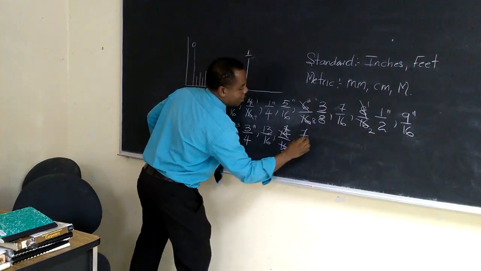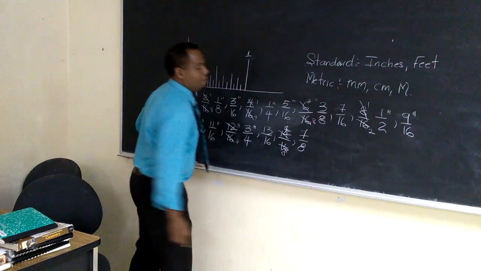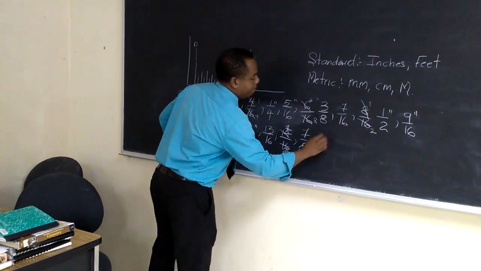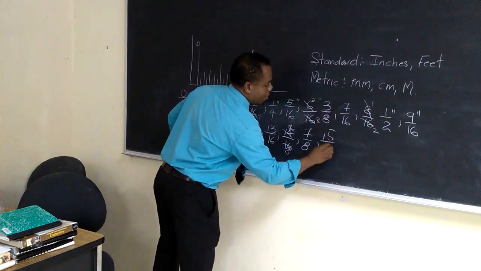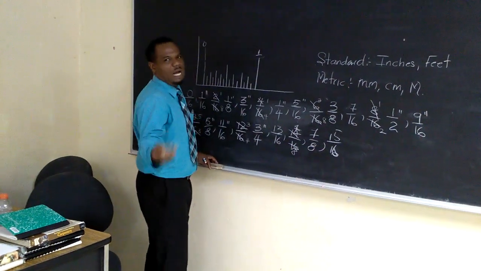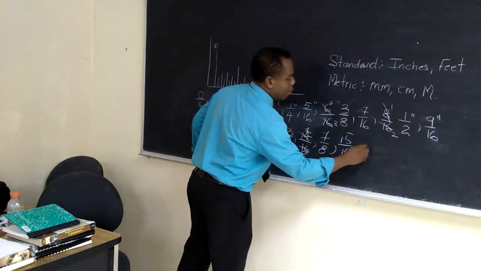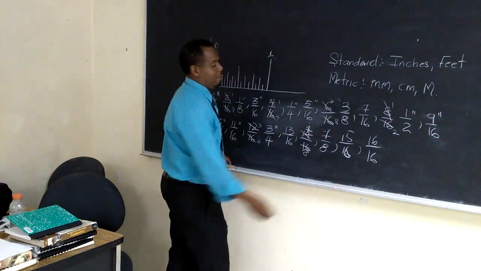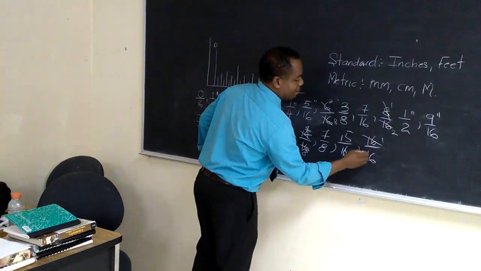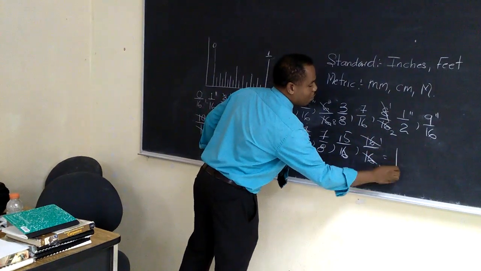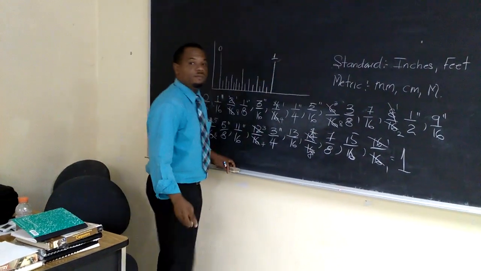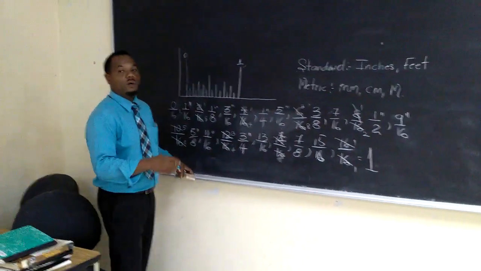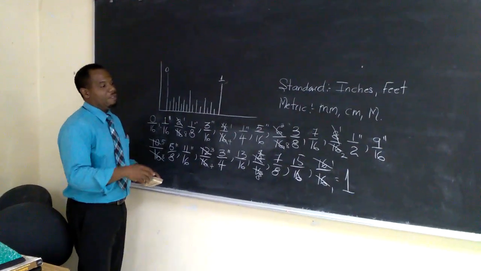So here it becomes 7/8 of an inch. 15 will remain, because we can't break this one down. However, when we get to 16, we realize that 16 can divide itself, and so we arrive at 1 inch. And so guys, that is how the inch is divided into 16ths.